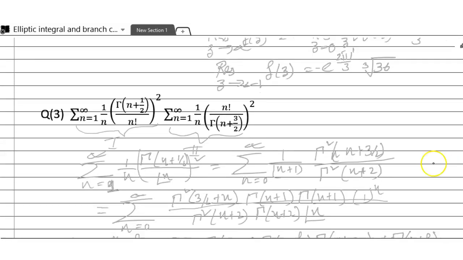So my answer is here: ln 16 whole to the power pi minus 8g divided by 16 divided by pi minus 4.